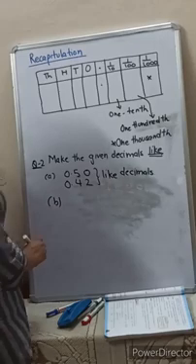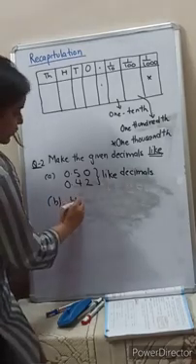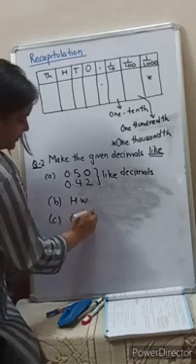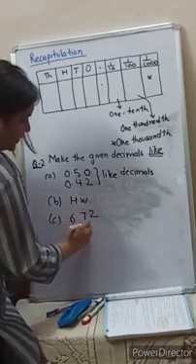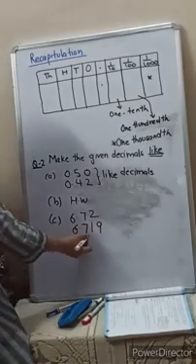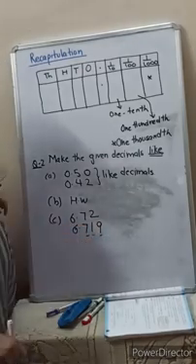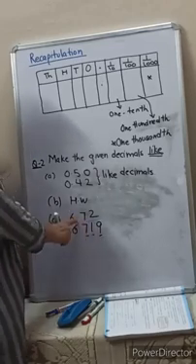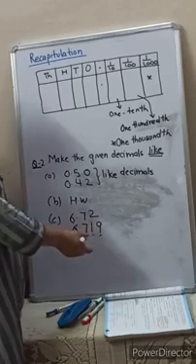Let's take another example. This one is your homework. C part I am doing, 6.72 and 6.719. Now here we have 3 digits after the decimal. So we need to have 3 digits after this point also. Then they will become like.